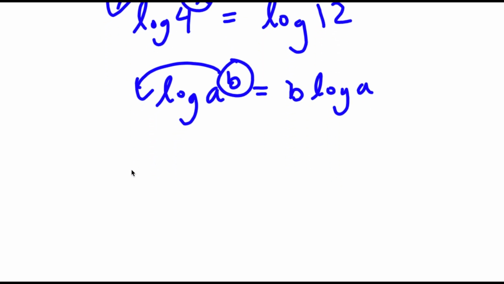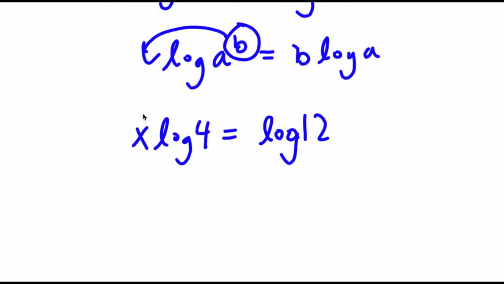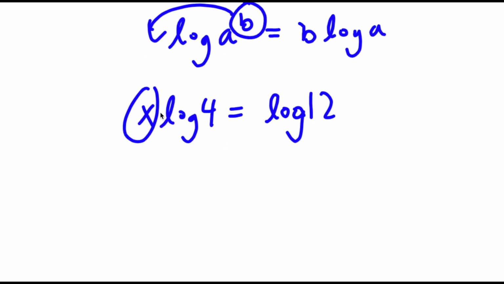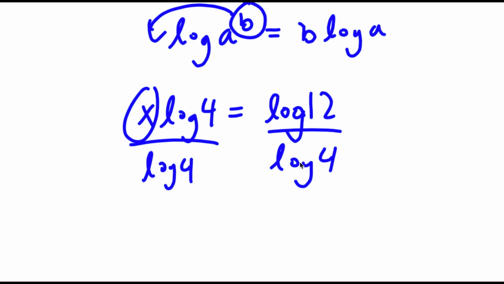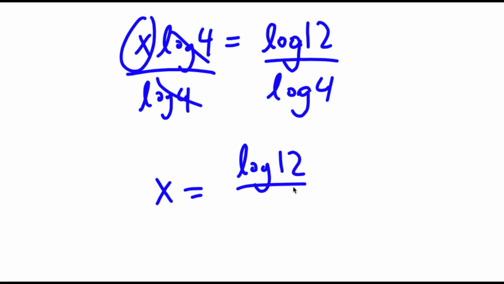This is going to equal x times log 4 is equal to log 12. Now we obviously want to isolate x here, so to do that I have to get rid of this log 4 by dividing on both sides. Then these two cancel out, and now I have x is equal to log 12 over log 4.